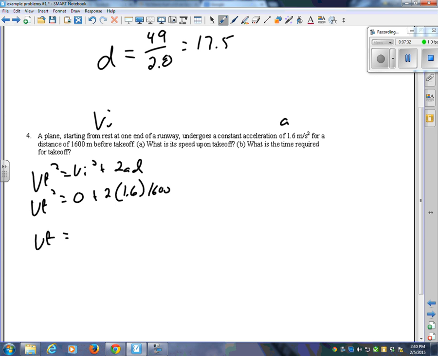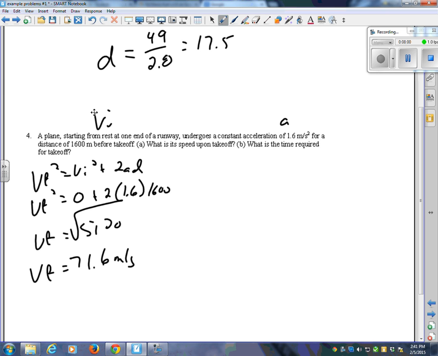What would be the one common mistake that people would make here? They would forget to take the square root. 71.6. That sounds right. 71.6 meters per second? Easy stuff, right?